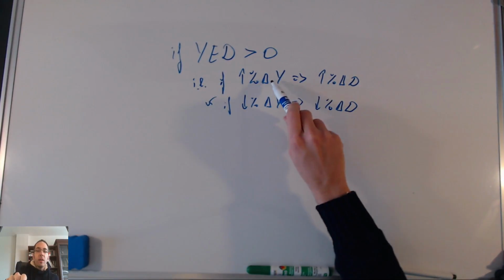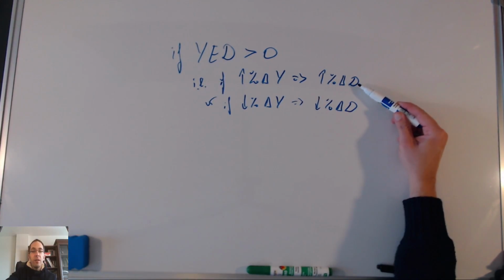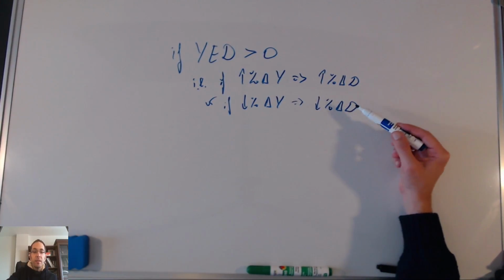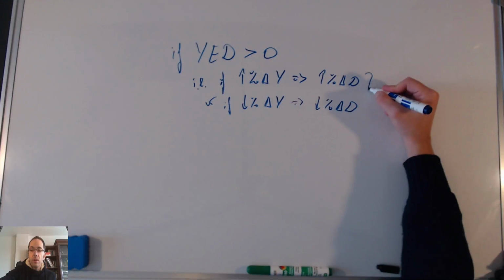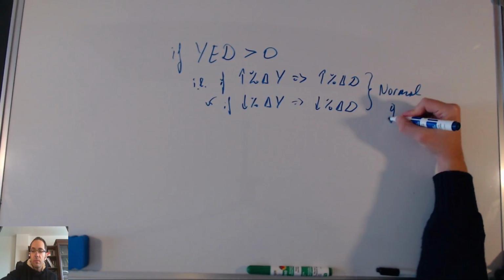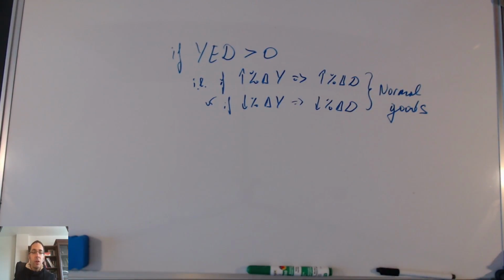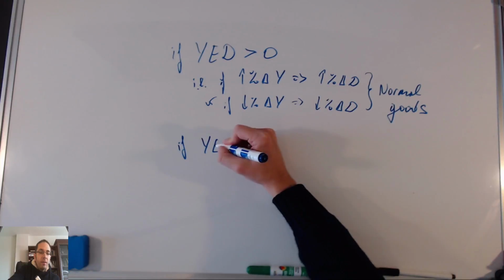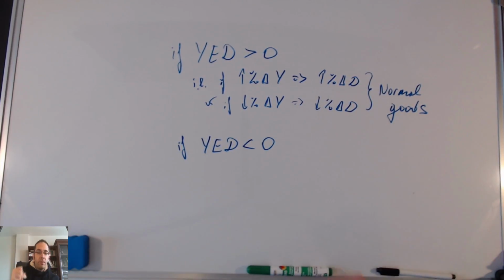This means that if our income increases, we're going to be demanding more. If our income is falling, we are going to be demanding less. And this is typical for normal goods. Normal goods have that positive relationship between income and demand. Alternatively, if YED is negative, then we are going to have a negative relationship between income and demand.